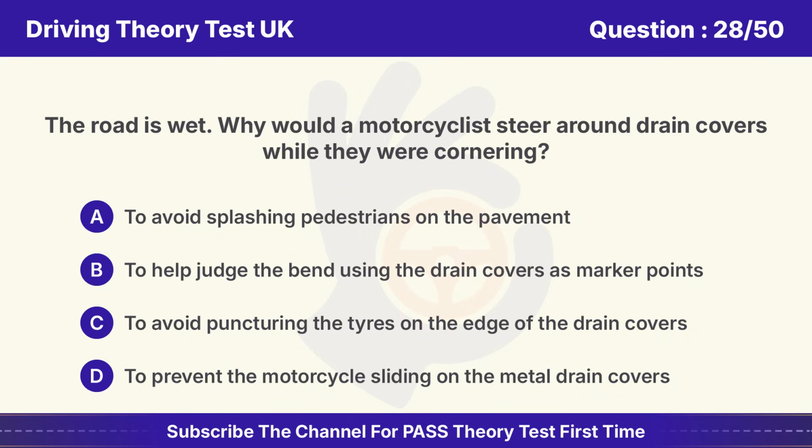Question 28. The road is wet. Why would a motorcyclist steer around drain covers while they were cornering? Answer is D. To prevent the motorcycle sliding on the metal drain covers.